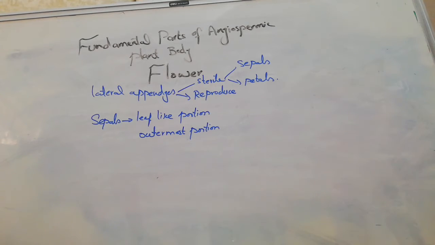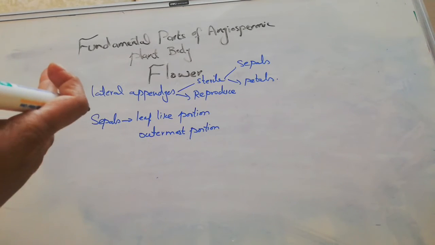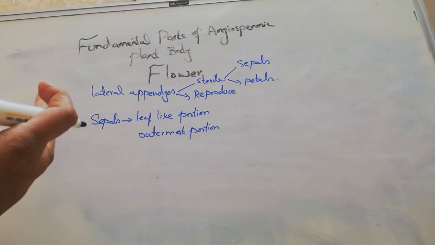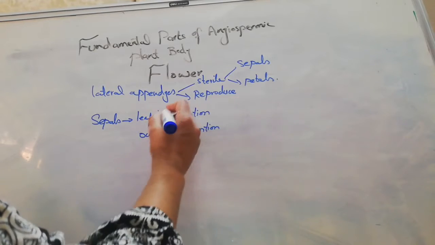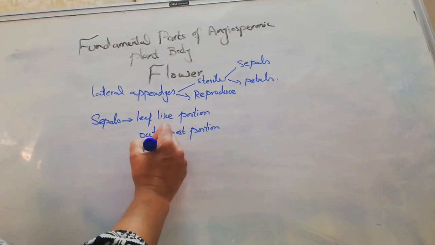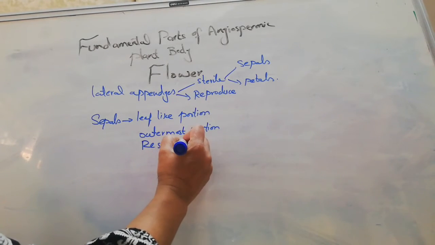They are green in color, so they have chloroplasts in them, and they resemble a leaf.